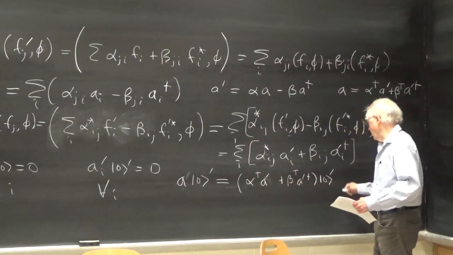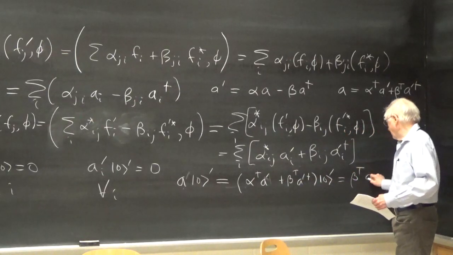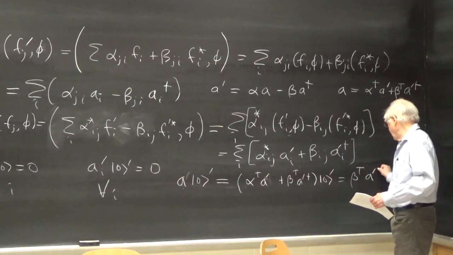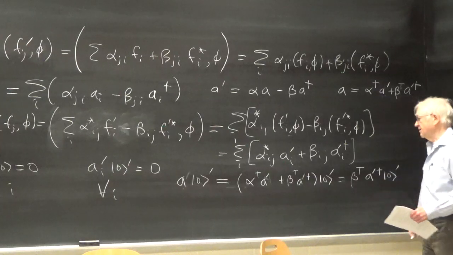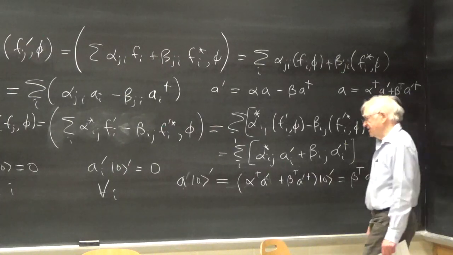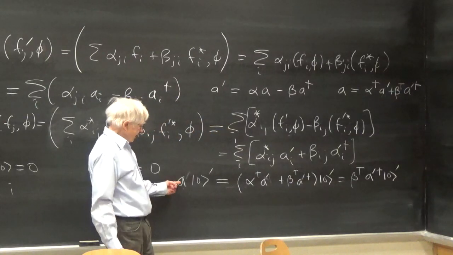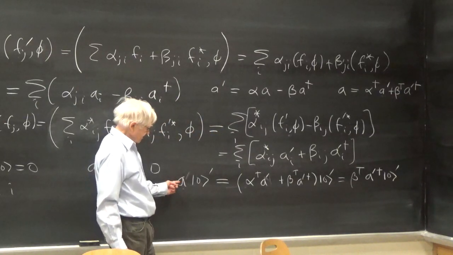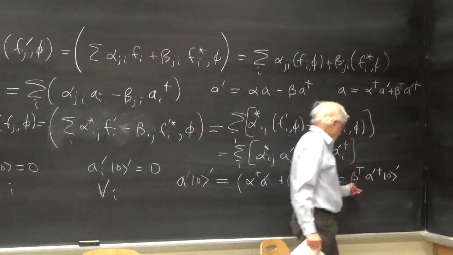This gives 0, and so this is beta transpose A prime dagger on the prime state. So that means what we said before, namely that the annihilation operator doesn't annihilate the other vacuum unless all the betas are 0.